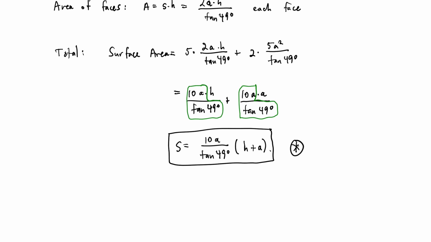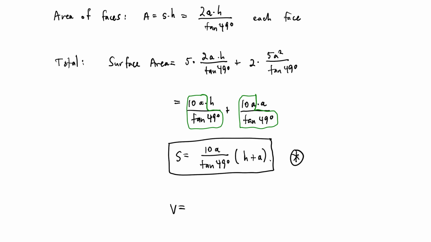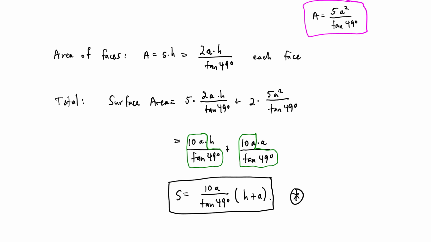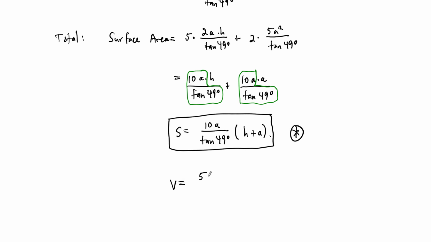It's going to be the following. So volume is going to be, remember, the height is h. This is our base area. So that's going to be 5 times a squared times h over tangent of 49 degrees. This one's in units cubed because the a and the h are where the units come from.